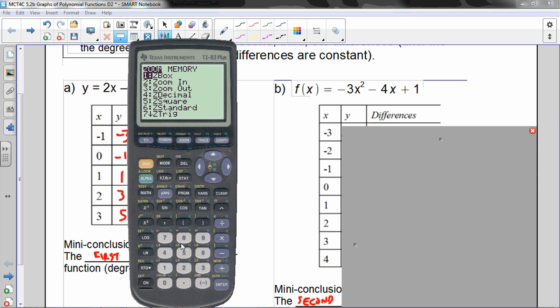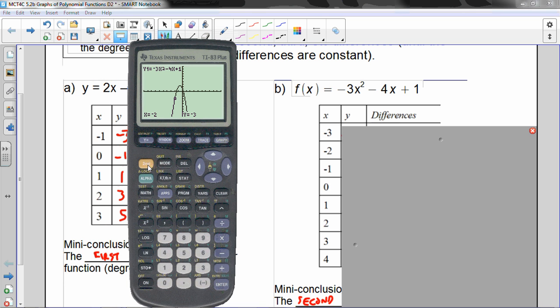I'm going to zoom standard, hit trace, put in -3, and then start using these values. -2, what's that? And so on, fill the values in there.